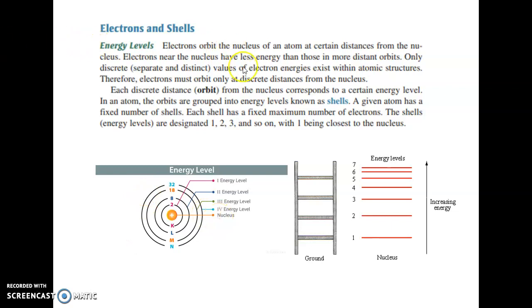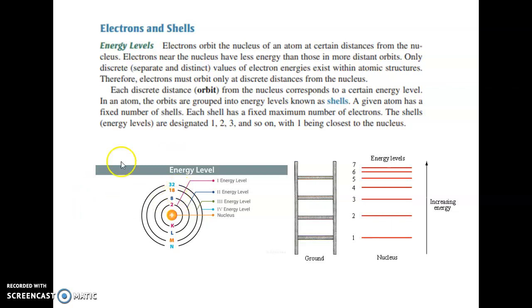So we are seeing the electrons and shells. Now we are seeing an atomic cell energy level. You can see the shells K, L, M, N, and you can see the electrons in the K shell. K shell has 2 electrons, whereas L shell has 8 electrons.